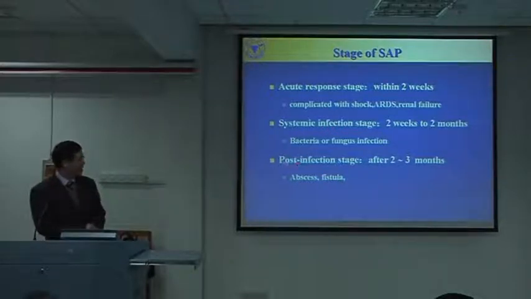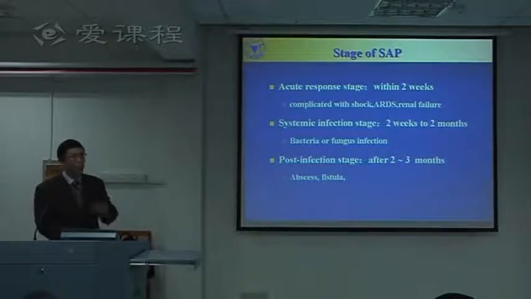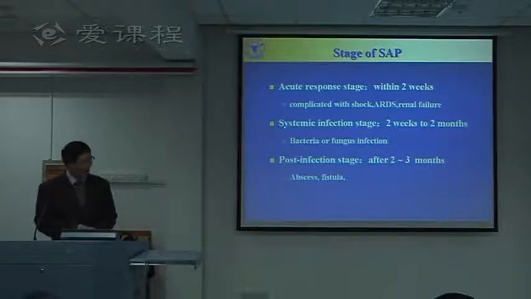And the last stage is the post-infection stage, after 2 or 3 months. This patient recovers from the infection, maybe after several operations. And we may also find abscess or fistula. Sometimes maybe a blood vessel ruptures.